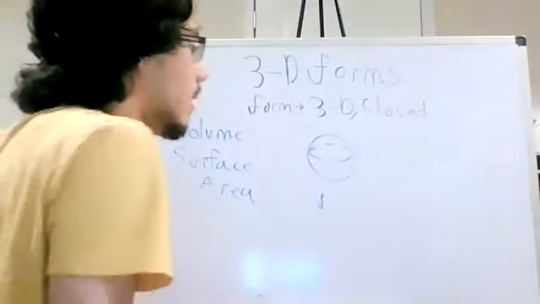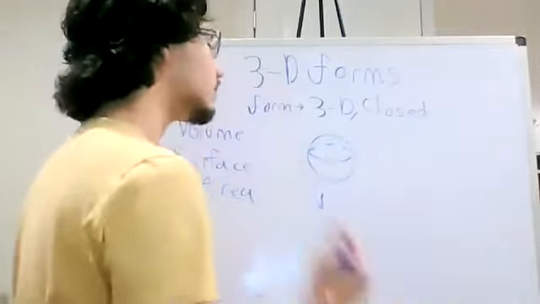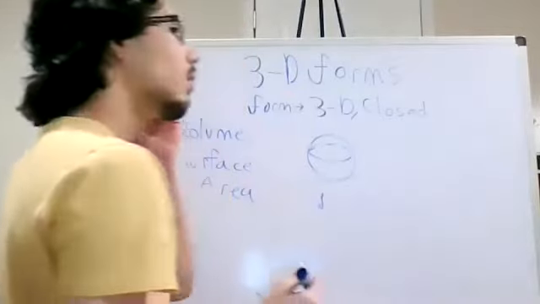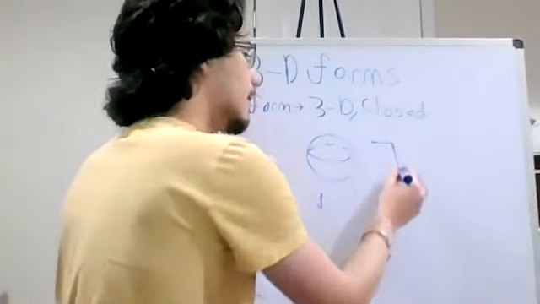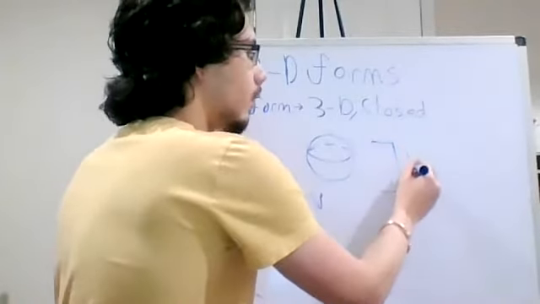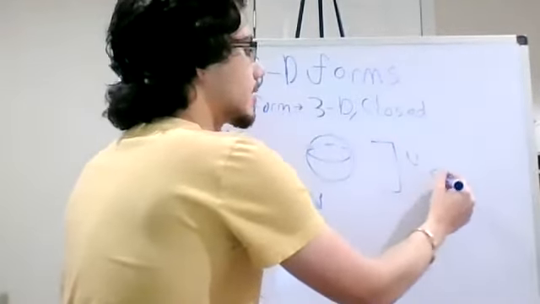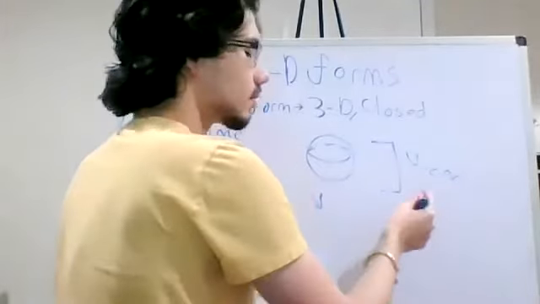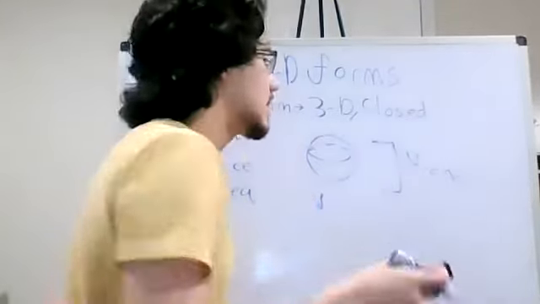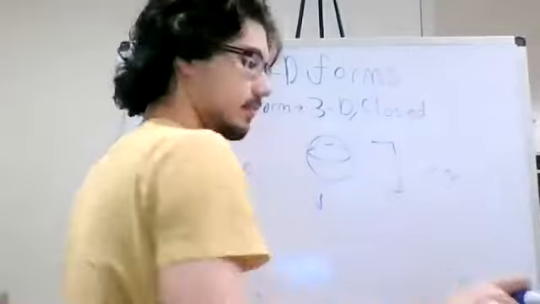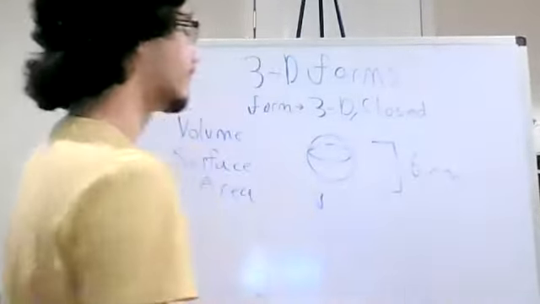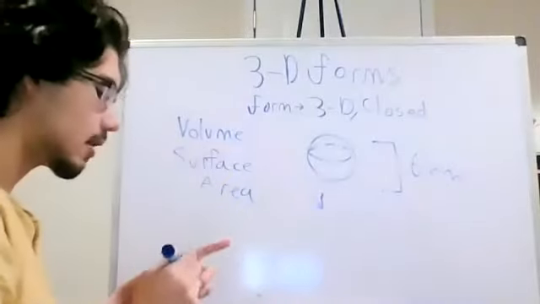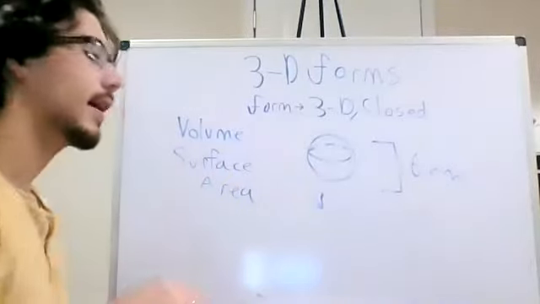What we do know about the sphere is that we can measure it with a ruler, and we find that this sphere is, or I'll say, 6 centimeters tall. So from this alone, we want to find our volume.